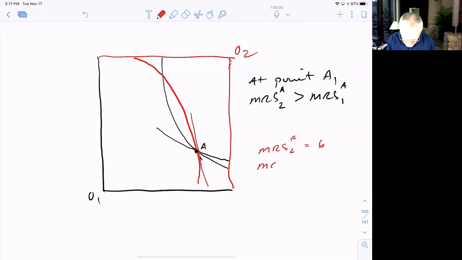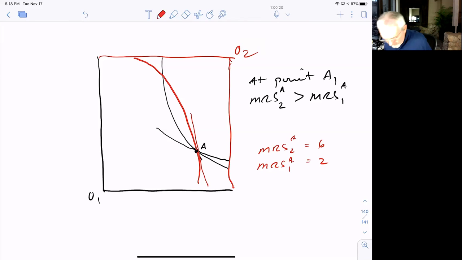The MRS for person 1 at A is equal to 2. That means that person 2 would trade up to 6 units of Y for an additional X, whereas person 1 would accept no less than 2 units of Y for an additional unit of X.